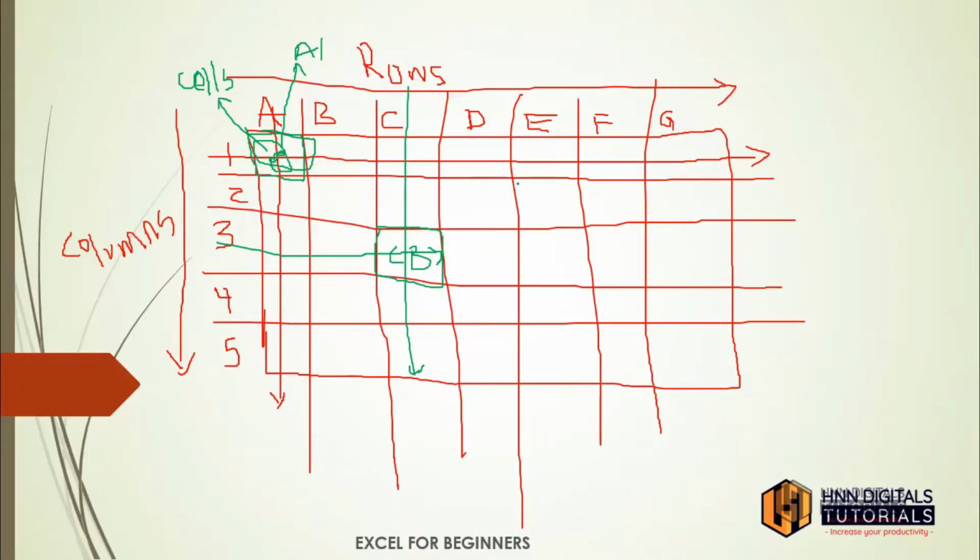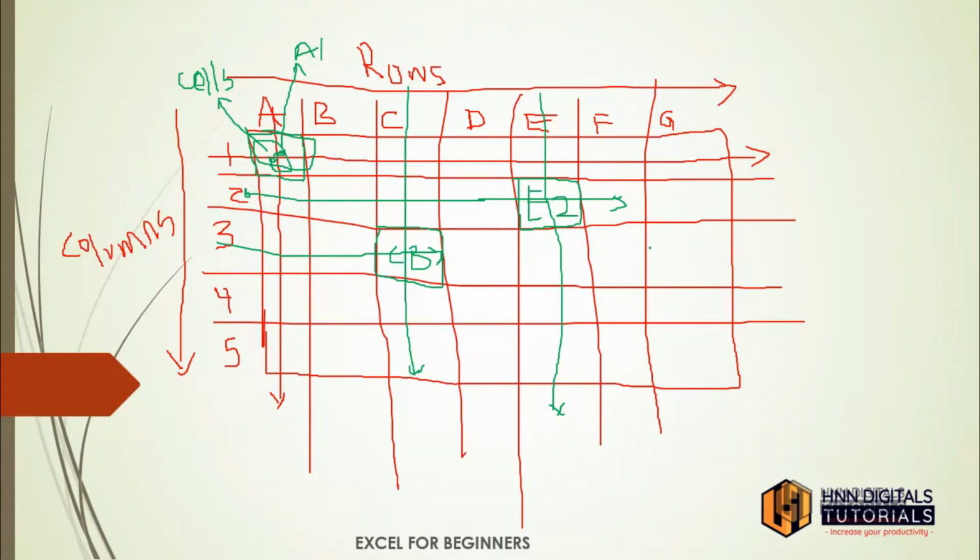Then if for example you pick this place, the address is going to be E2. That is E first, the column first, then the row. The row is 2. So that's why we have E2 here.